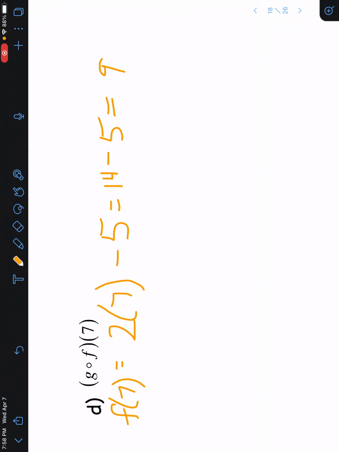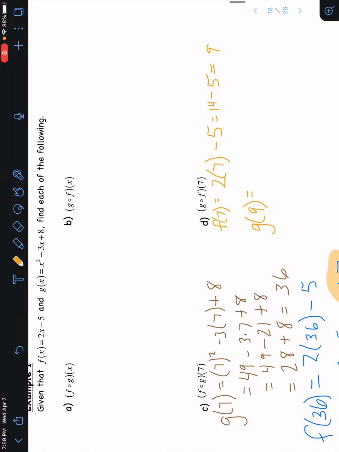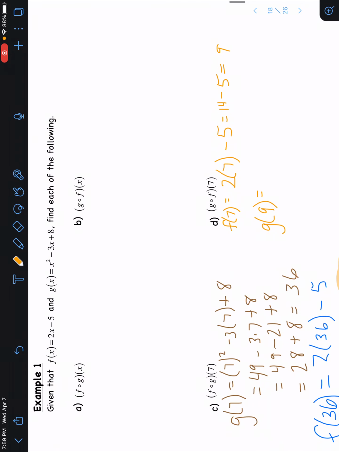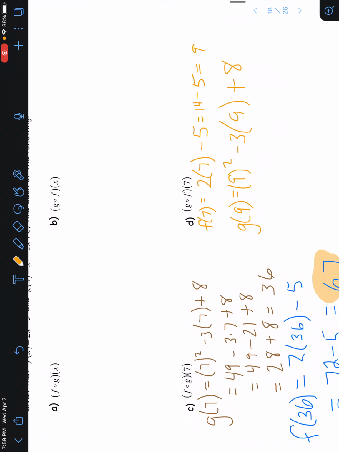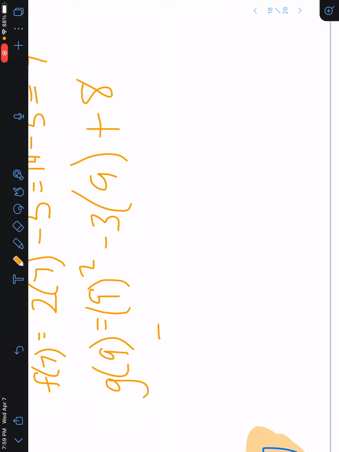Now, that 9, I'm going to use that as the input into function g. So I now write g of 9. Again, the output of f was 9, which becomes the new input for g. So g is the trinomial at the top. I'm going to plug 9 in for the x's up here. And now I'm going to use order of operations.